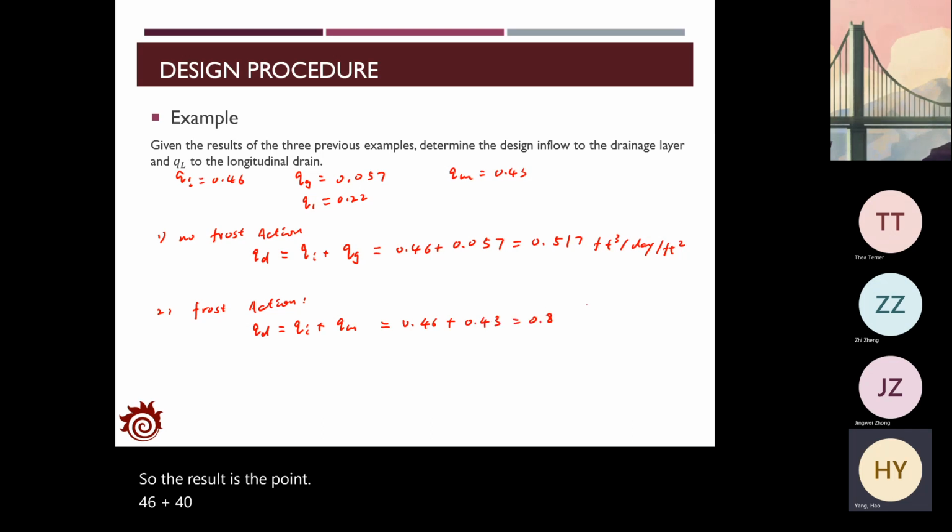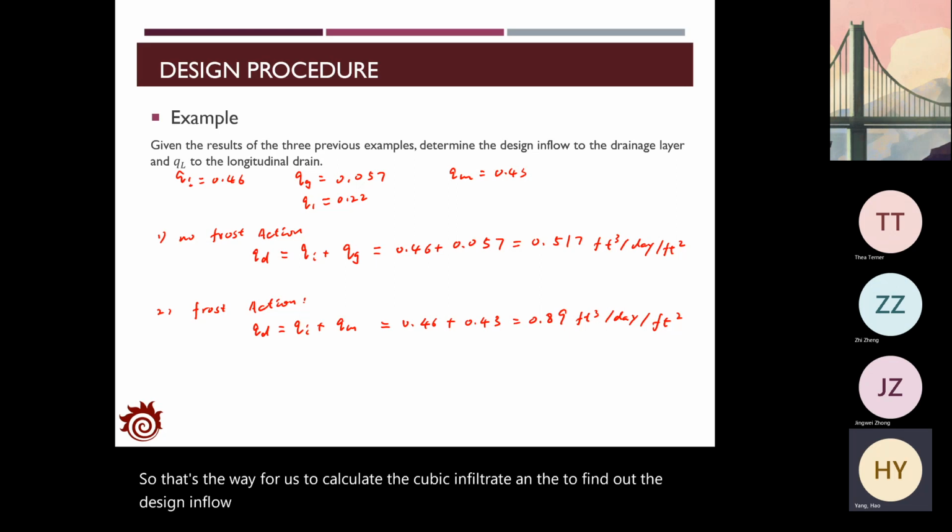So we have the value as 0.89 cubic feet per day per square feet. Well, so that's the way for us to calculate the inflow rate and to find the design inflow for the drainage layer.